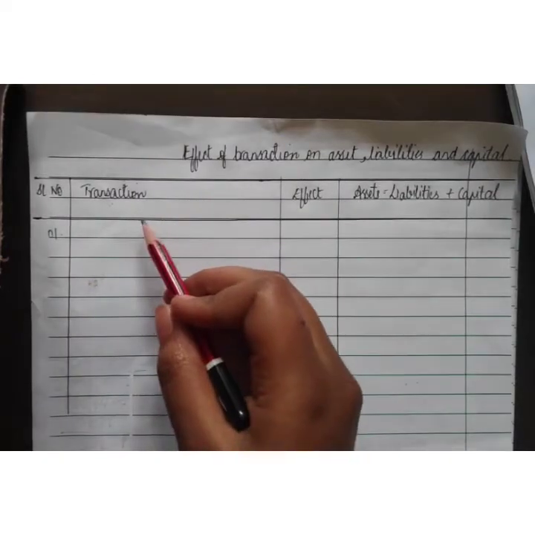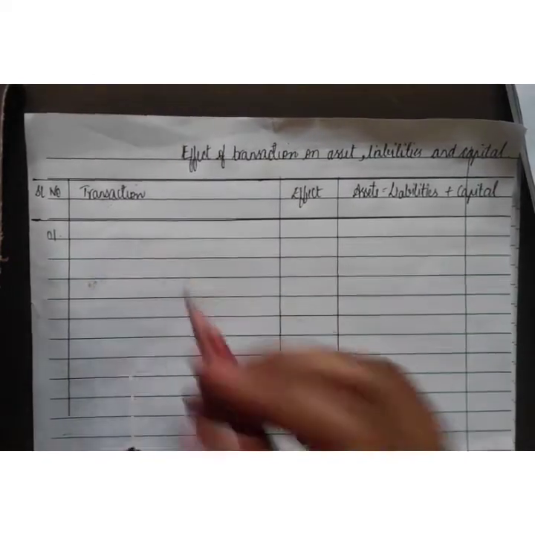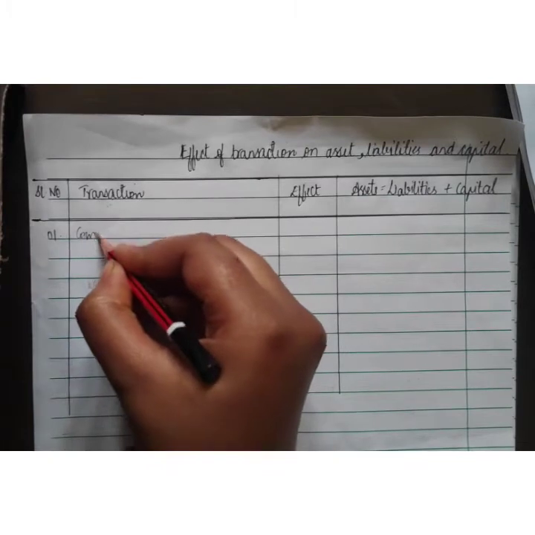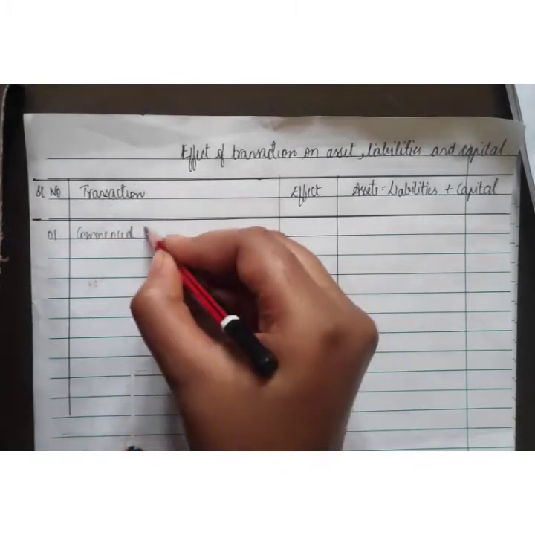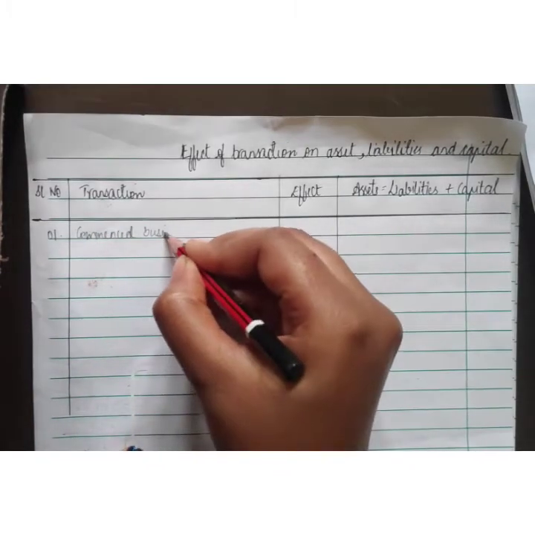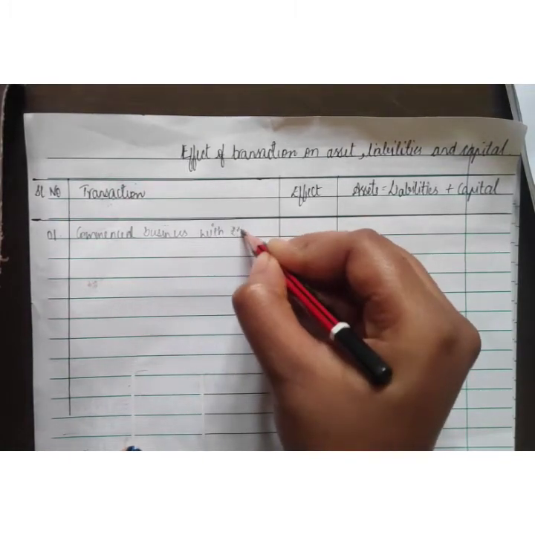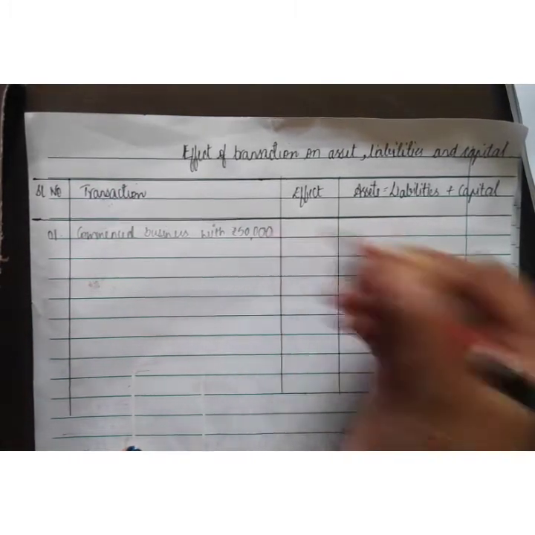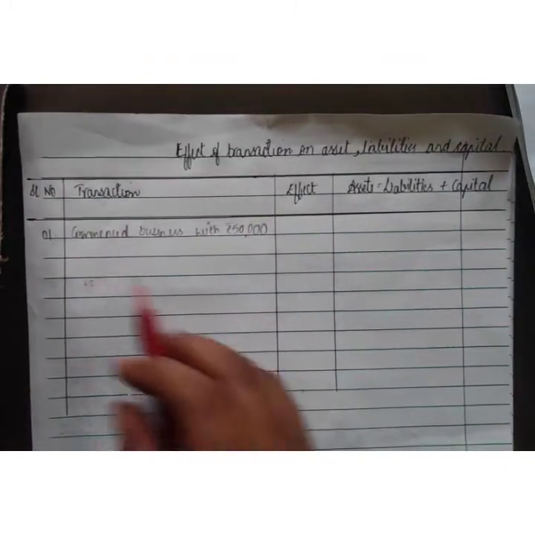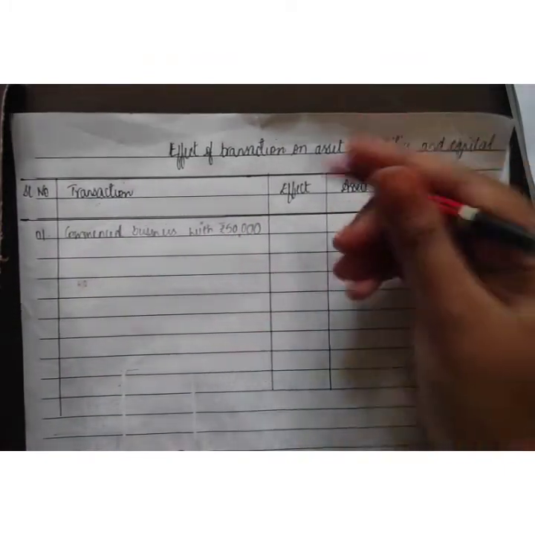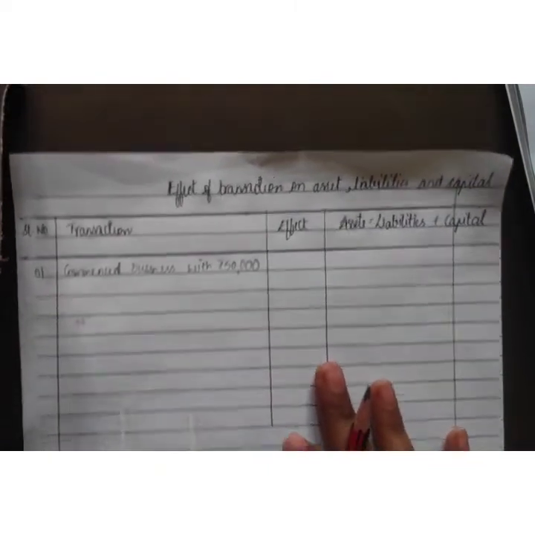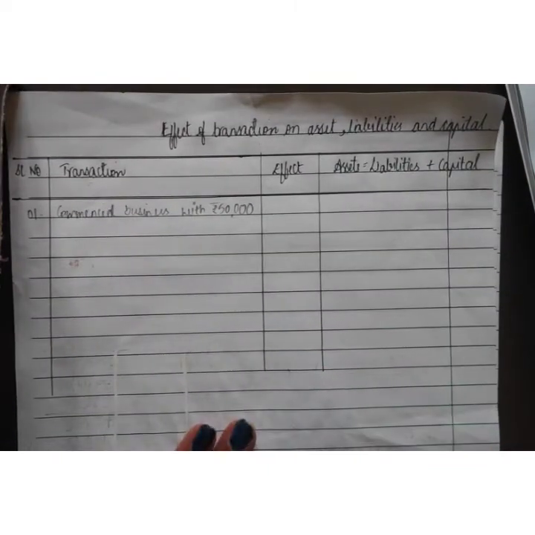So now, according to the columns, what is the first transaction? I will write down the first transaction. The first transaction is commenced business with rupees 50,000. Okay. So now they're commencing the business with rupees 50,000. Let's see the effect. Now, if we are commencing the business, what will we have in the business?